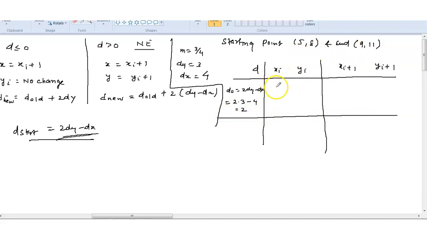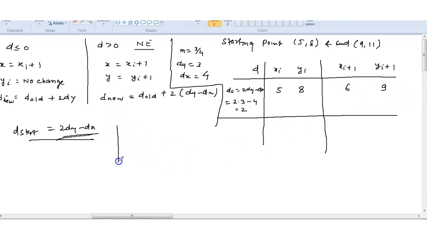The initial coordinate is 5 and 8. So d here is positive, d is greater than 0, which means we are choosing the northeast corner. When the northeast corner is chosen, x increments by 1 and y increments by 1. So x will be 6, and y becomes 9.